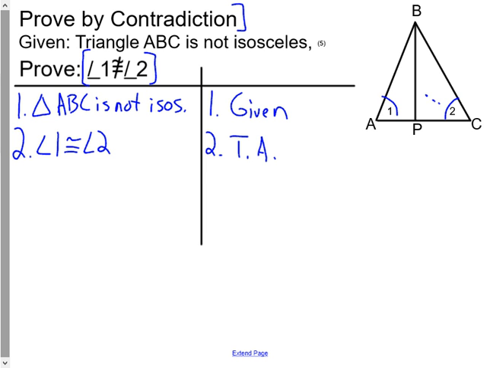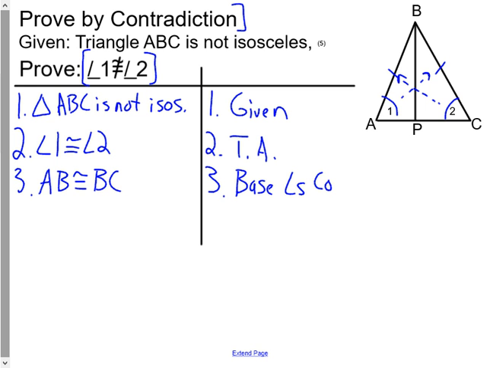We've done this one before, kind of. AB and BC must be congruent, and therefore the triangle must be isosceles. Again, what's our reason? Base angles converse. We use base angles to talk about the sides.